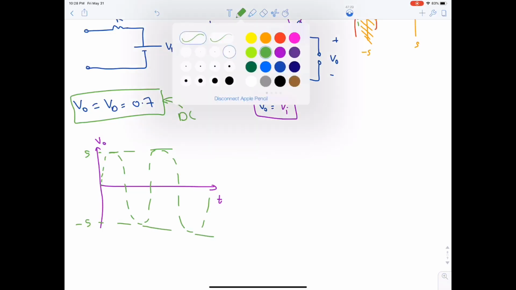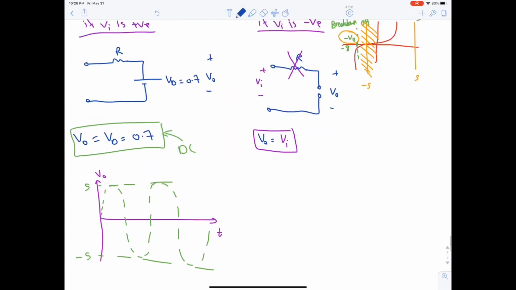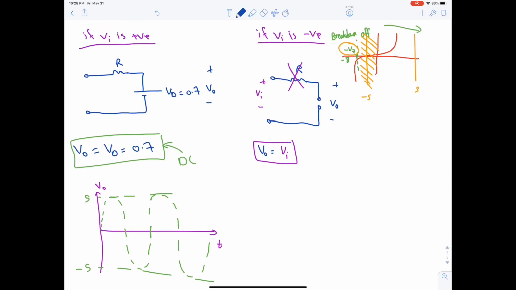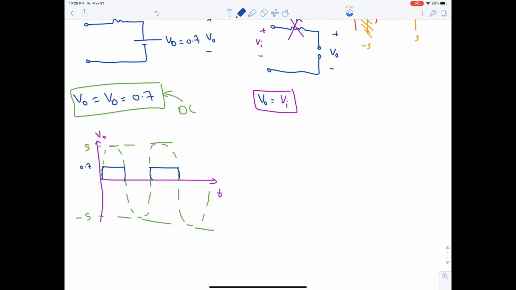If VI is positive, then the output is 0.7, and because it's DC, we have to crop the wave. Okay, so here it's 0.7, and in the negative side it will be VI. It's AC, hence it's a new signal.